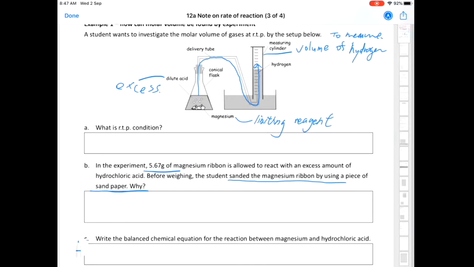Can you see the whole principle of the setup? And in the process, you had better ensure that it is under room temperature and pressure.